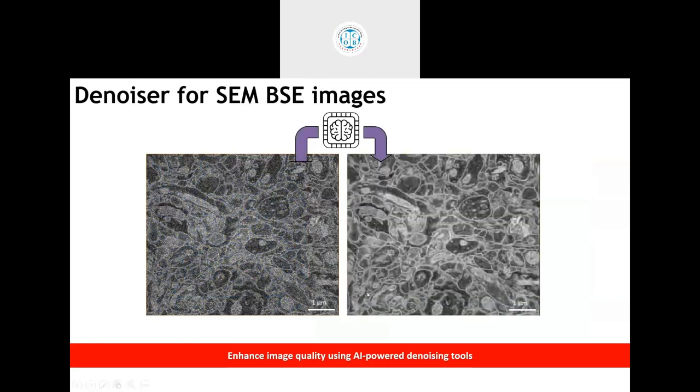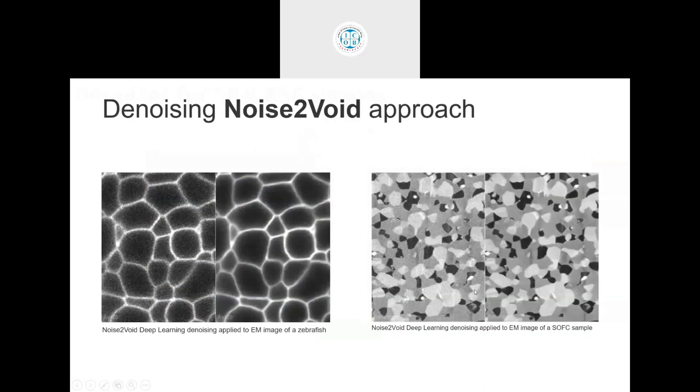And in the latest version, 2023.1, we have a deep learning Noise2Void approach, a deep learning package that you can train without needing to provide any ground truth to train the model. You just input your image data.